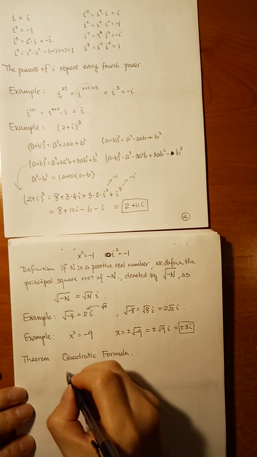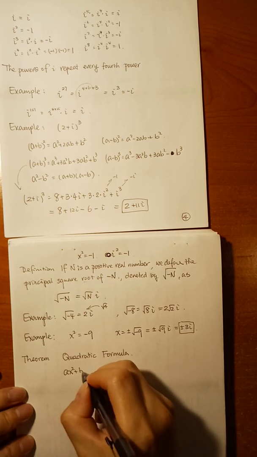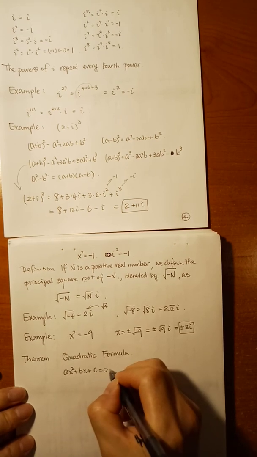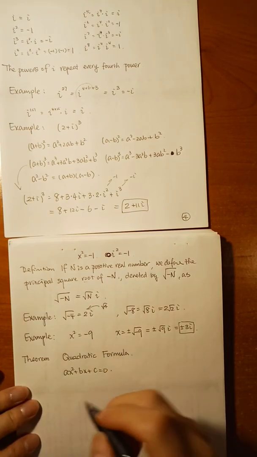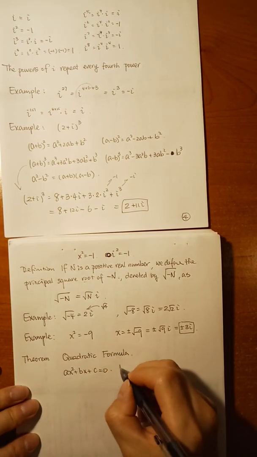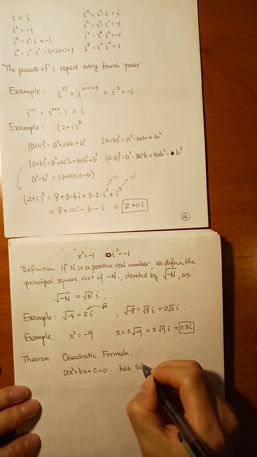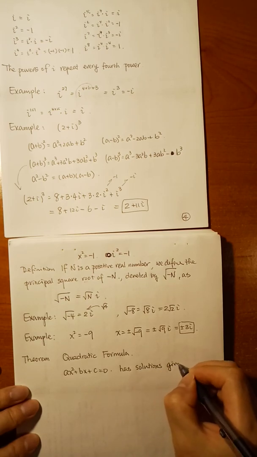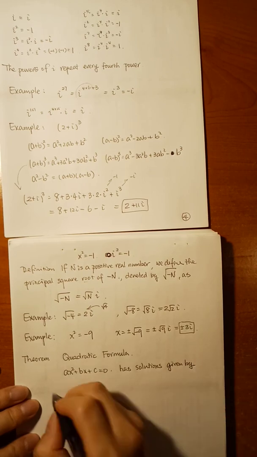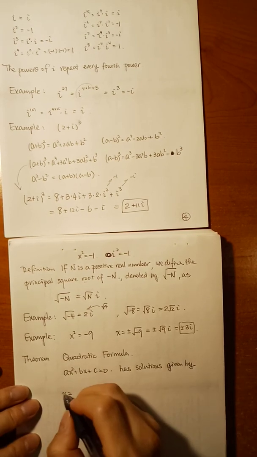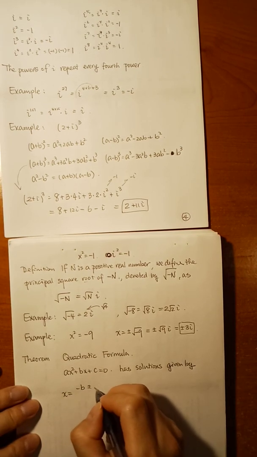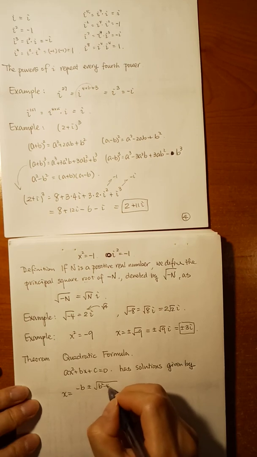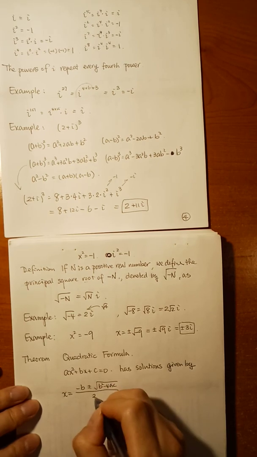For ax squared plus bx plus c equal to 0, the solution is given by x equal to negative b plus or minus the square root of b squared minus 4ac, over 2a.